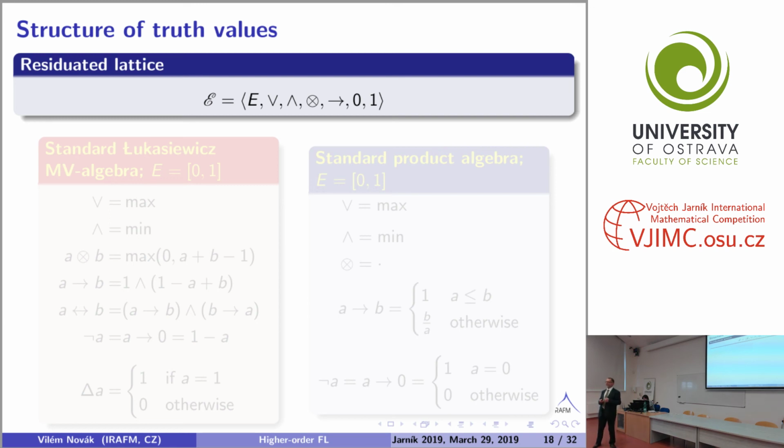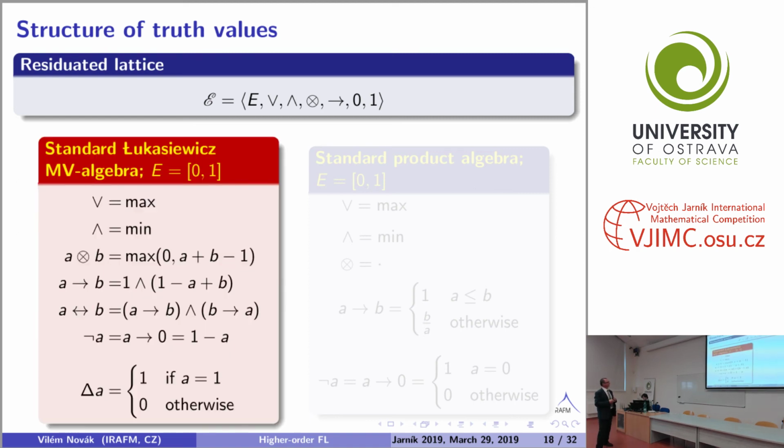And so in fuzzy logic, we consider the structure of truth values to be a so-called residuated lattice. It is a lattice which is bounded from below and from above. So 0 is the smallest element and 1 is the largest element. And there is one more operation which is called multiplication.